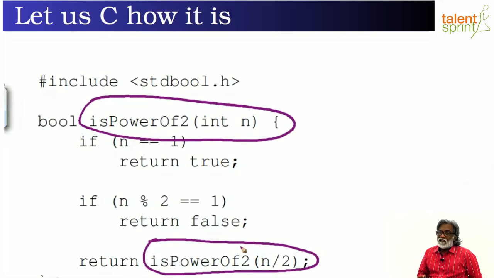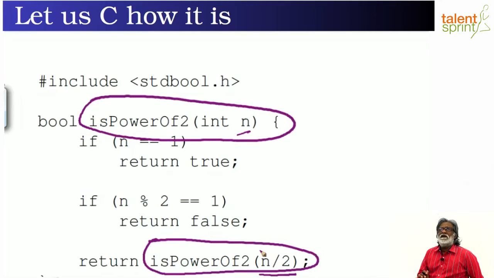That is why this is a recursive function. But remember, we said in recursion, the answer depends on the smaller version of the same problem. We started with n, we are now with n by 2, so it fits the textbook case of recursion. Is power of 2 of n is dependent on is power of 2 of n by 2.